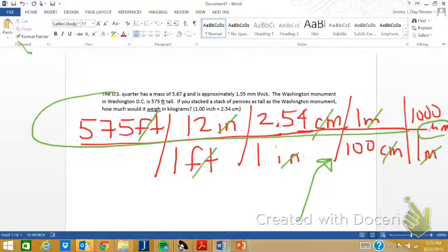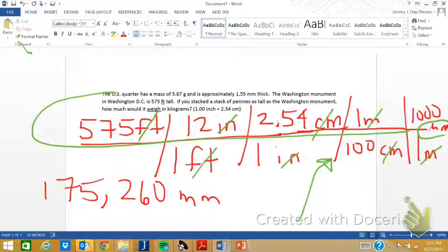You get this huge number. At this point in time, I'm not going to worry about significant figures. You only want to worry about significant figures at the very end. So you're going to end up with 175,260 millimeters.